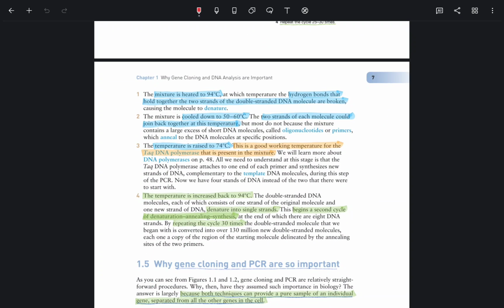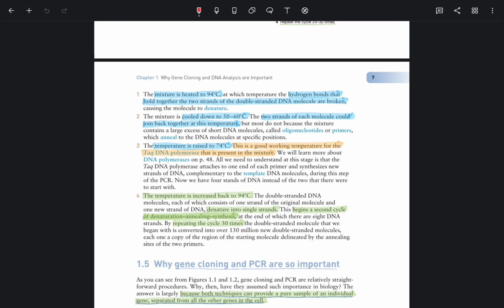The mixture is heated at 94 degrees Celsius, at which temperature the hydrogen bonds that hold together the two strands of the double-stranded DNA molecule are broken, causing the molecule to denature. The mixture is cooled down to 50 to 60 degrees Celsius.